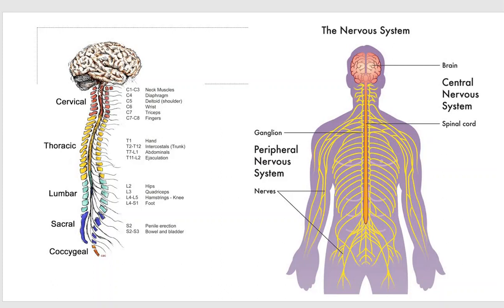So if you have an injury above that level, you cut off the nerve supply to the muscles that supply breathing, so you can't breathe, and as a result you would die. So that's the reason why the cervical spine, from our perspective, is so carefully guarded.